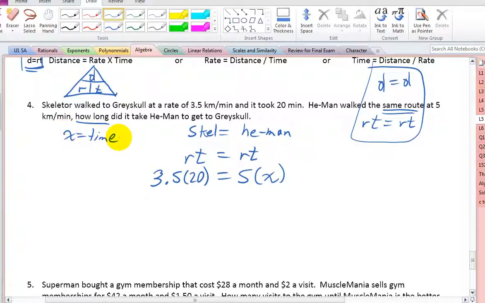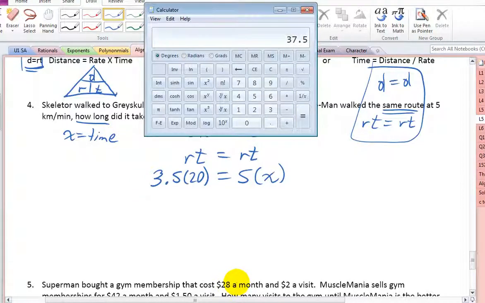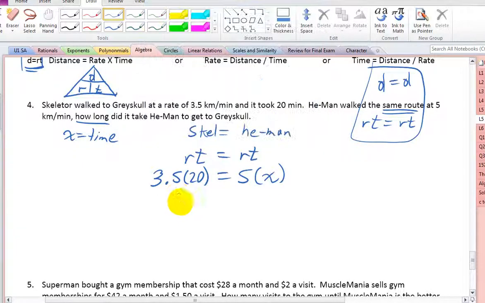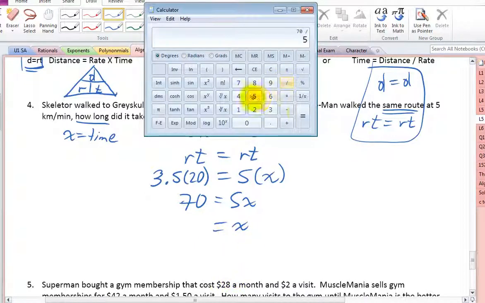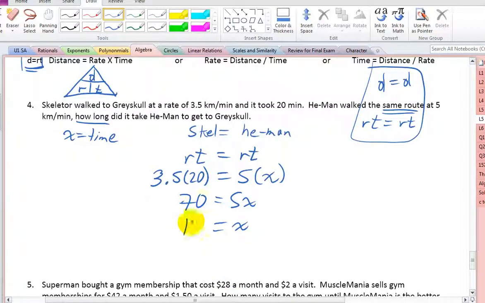I didn't do a good job of that. Apologize. Okay, so solve that. 3.5 times 20, 70 equals 5x. So divide by 5. X equals 14. So it took He-Man 14 minutes.